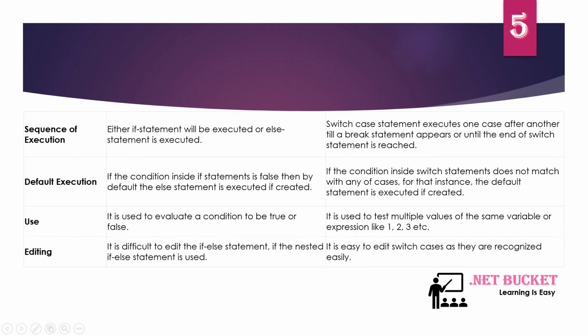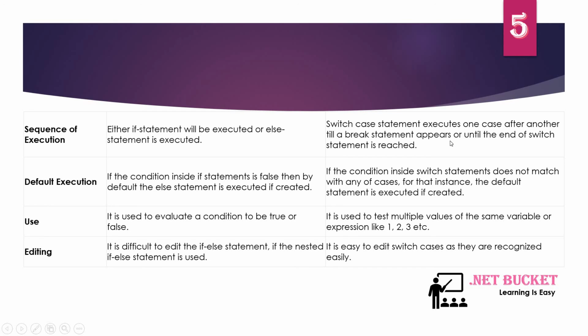Okay. So sequence of execution: either the if statement will be executed or the else statement will be executed. That will come in sequence. It will evaluate the if, followed by, if it doesn't satisfy, then it will come to the else if or else part, right? But in a switch statement, it executes one case after another till a break statement appears, right?